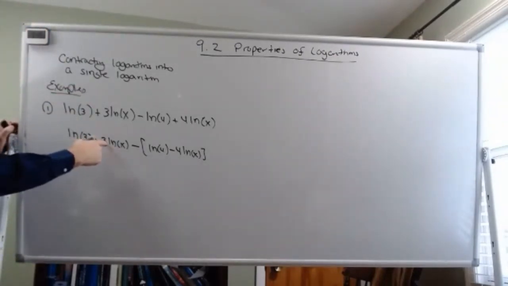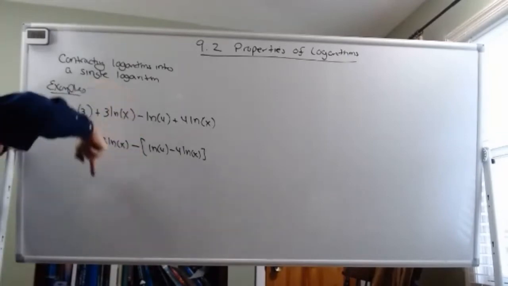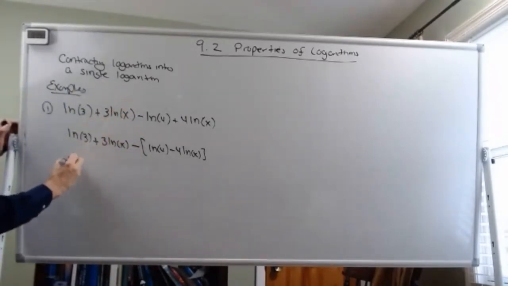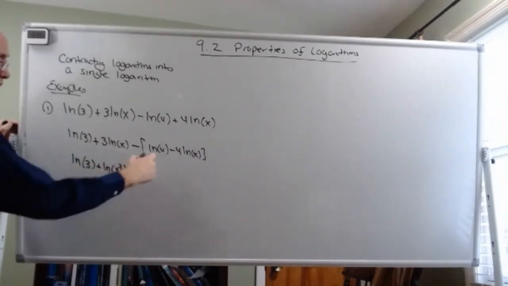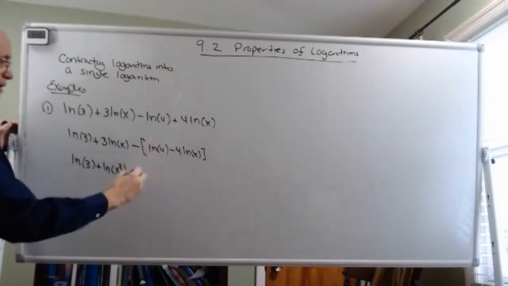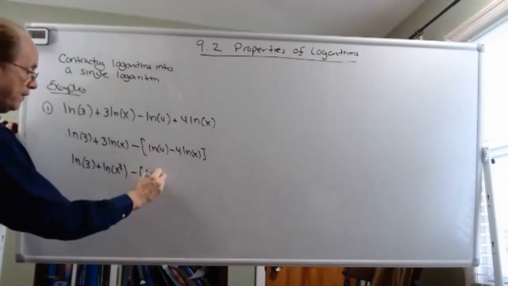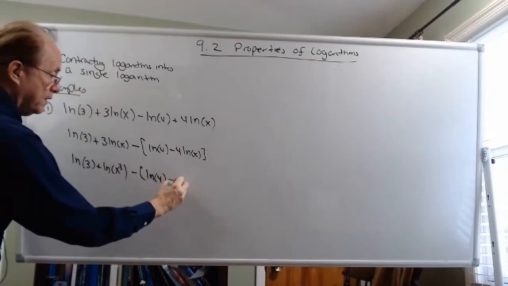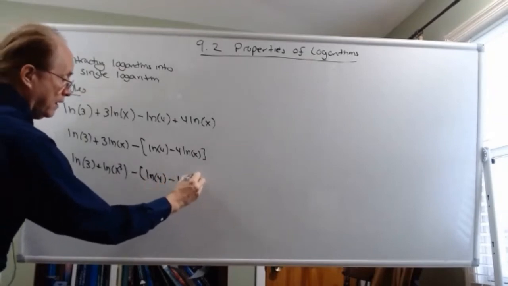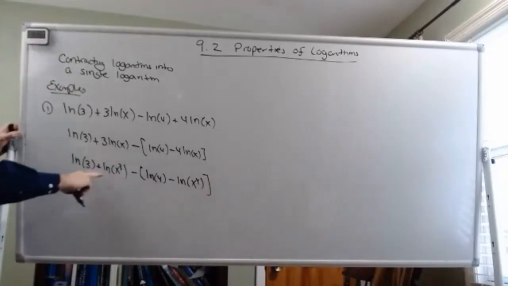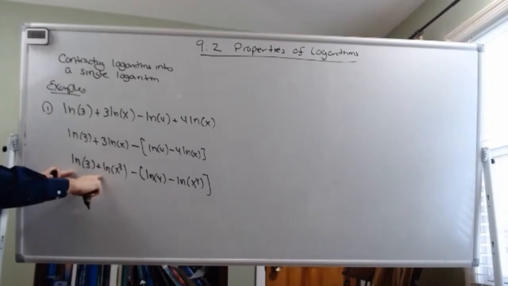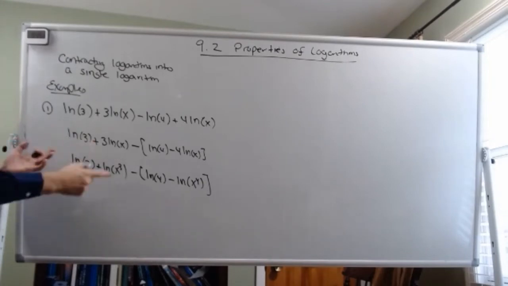Then what I'm going to do is the opposite. Usually I bring the exponent down. Now I'm going to bring the exponent up. Same thing over here. Usually I leave that exponent down. Now I'll bring it up. Okay. Here I can combine these. There's a sum, so I can combine those into, if you will, a product.